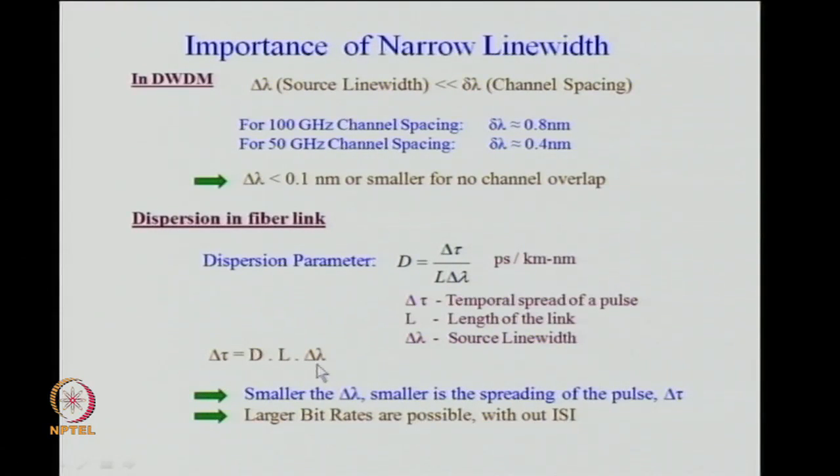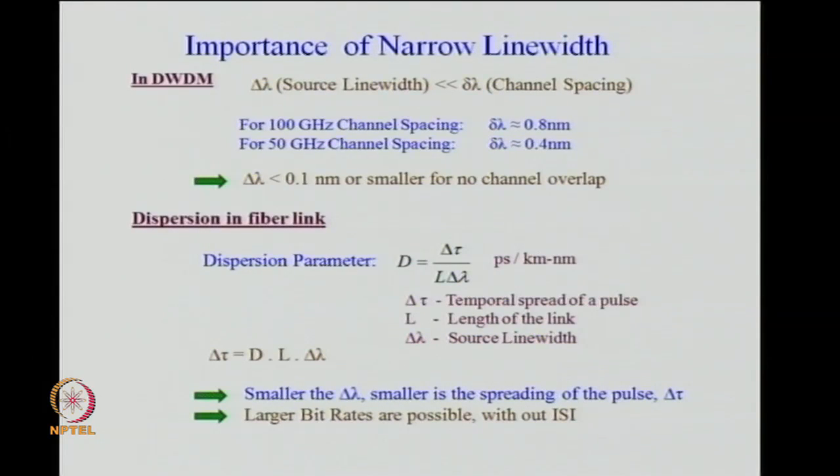And therefore, if you take a very narrow line width laser, delta tau spreading will be extremely small. So, smaller delta lambda, smaller is the spreading of the pulse, and therefore, larger bit rates are possible without ISI, inter-symbol interference. Inter-symbol interference, that is when the bits start overlapping. All right.